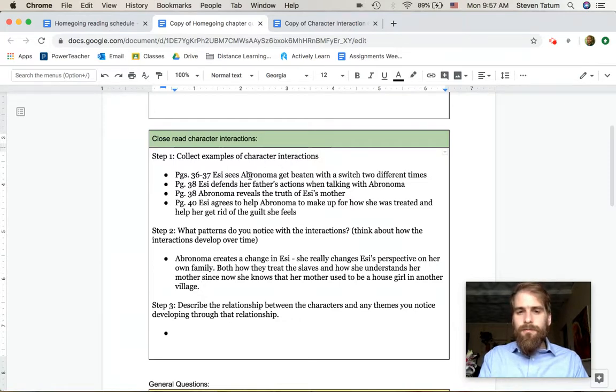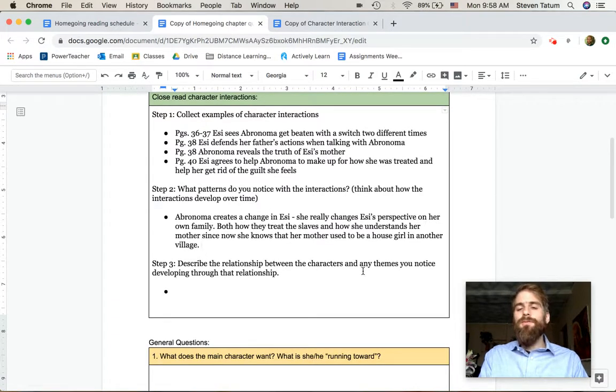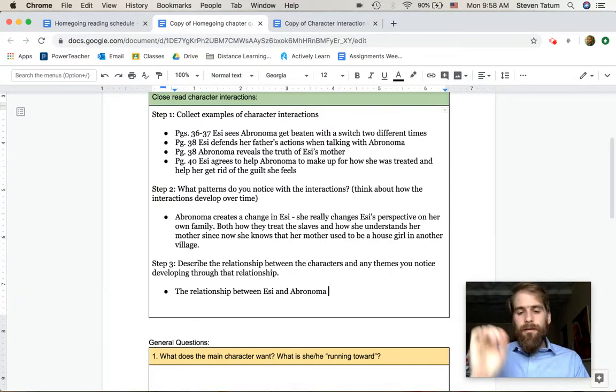All right, so that's step 2. I'm making sense of what I'm noticing in the patterns of those interactions. Now in step 3, I want to describe the relationship between the characters and any themes that I notice developing through that relationship. So I would say that the relationship between Esi and Abronoma starts out very unequal.